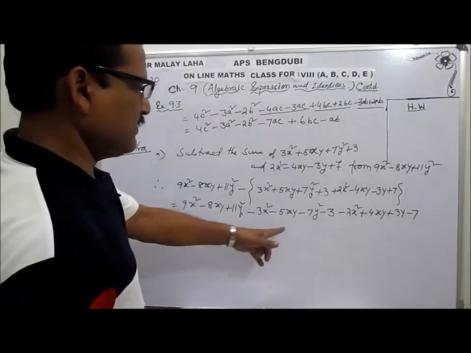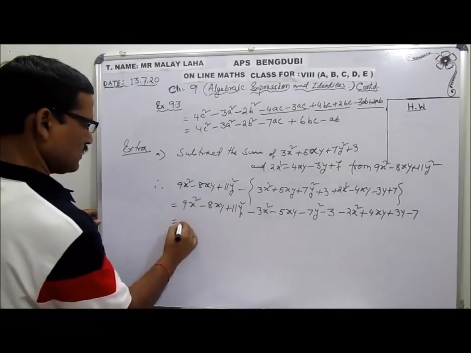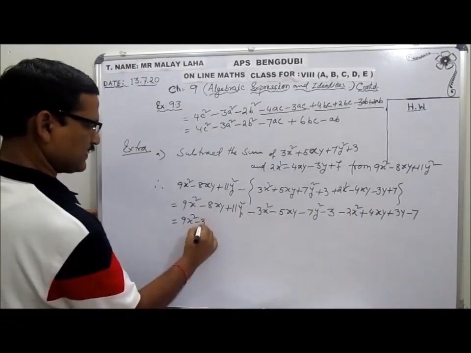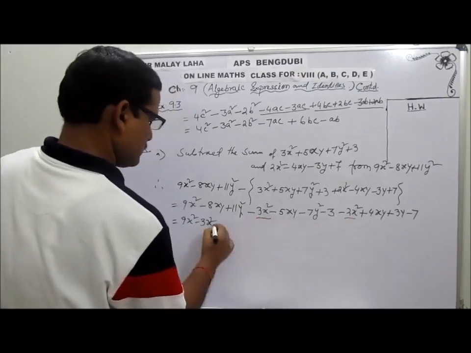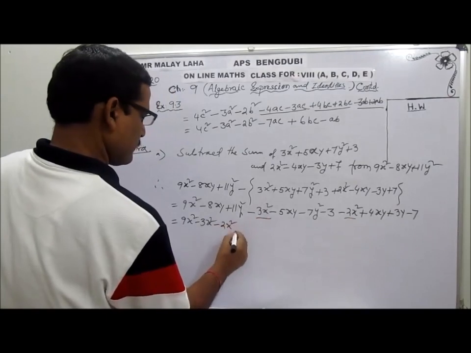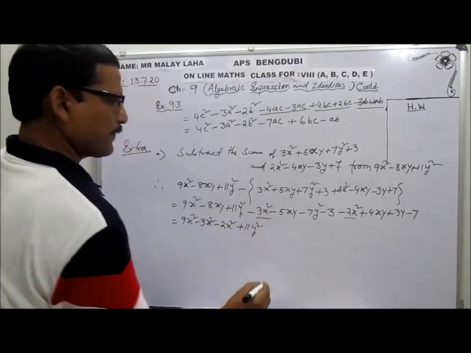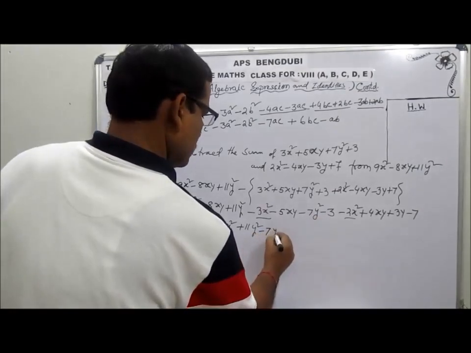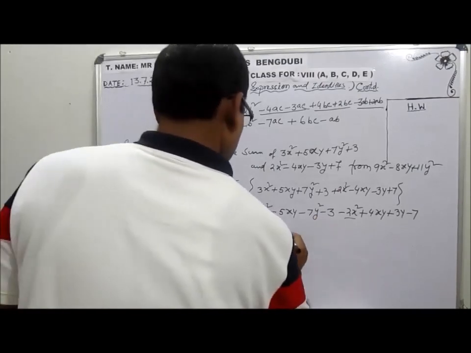Is there any like term here? x square, write down serially. 9x square minus 3x square, that means minus 2x square. Now plus 11y square minus 7y square.